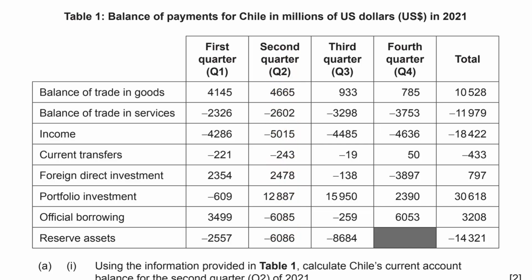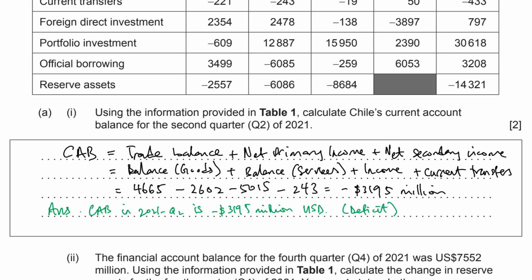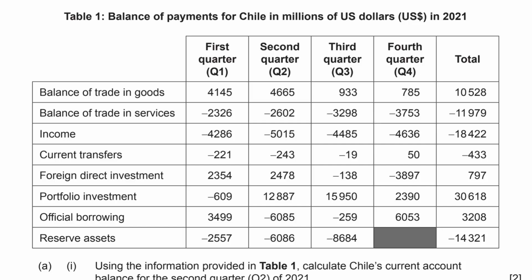Now, the current account balance is equal to your trade balance plus net primary income plus net secondary income. So where do we get that from our table over here? Well, we get the trade balance from the first two rows, balance in goods and trade in services, and then we get the net primary and secondary income from the third and fourth rows, which is income and current transfers.